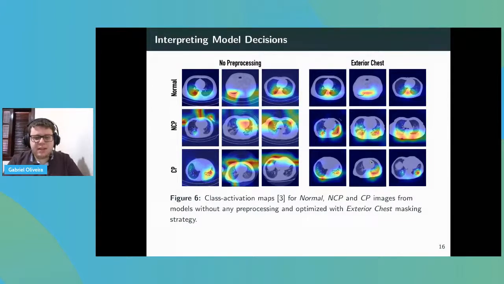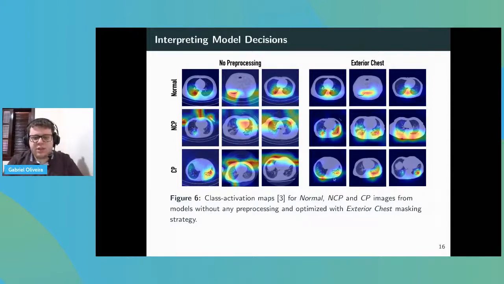Here we can see that with no processing technique, the model in some cases is paying attention to the background. So in the case of new images, the model will probably use some kind of noise in the background to make the classification, and it's important for the model to pay attention to the correct part of the image.